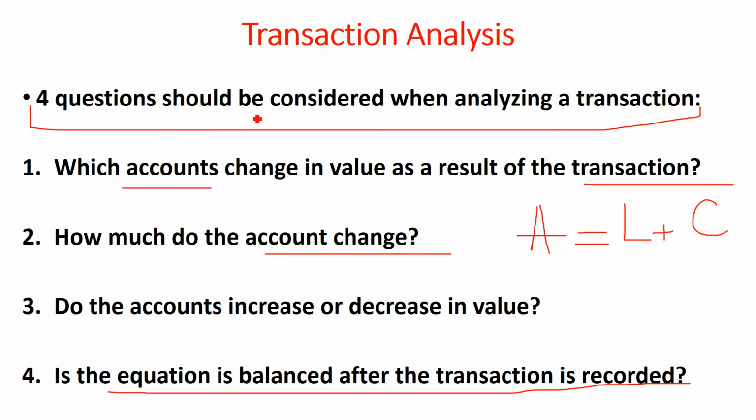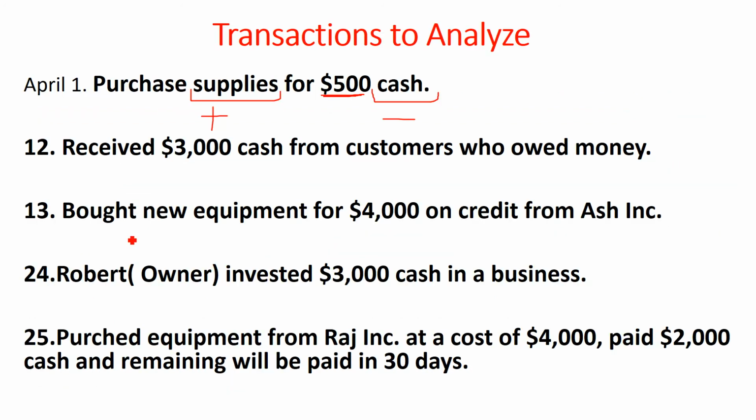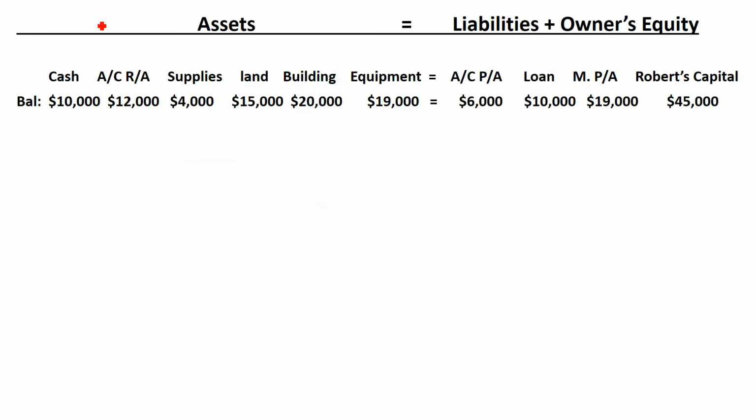After entering these transactions, we have to make the balance sheet again on April 30th, because these belong to April's transactions. Then our accounts will change. So see here, this is April 1st. Our first transaction is on April 1st.